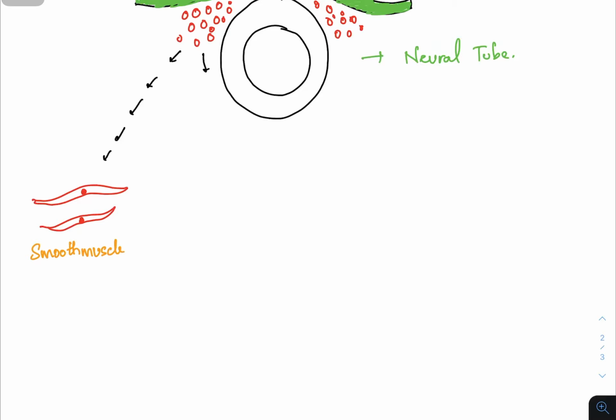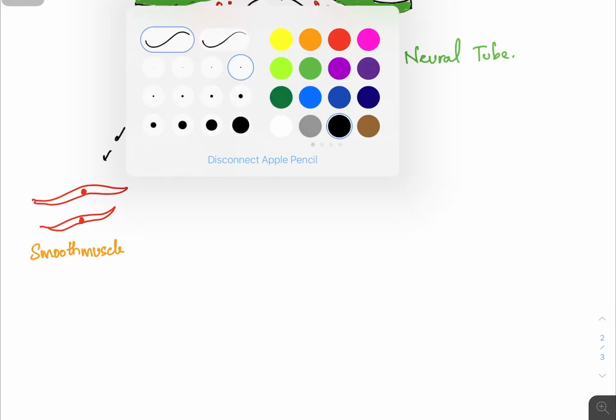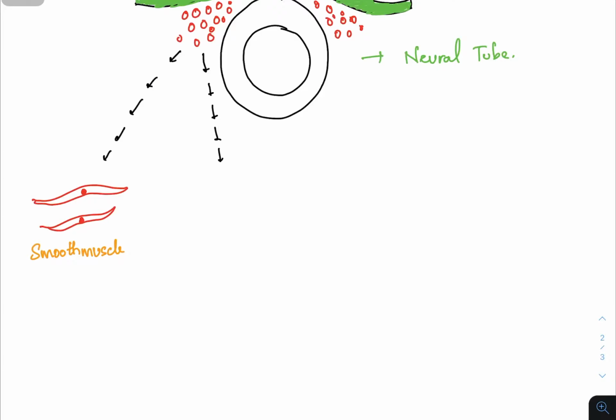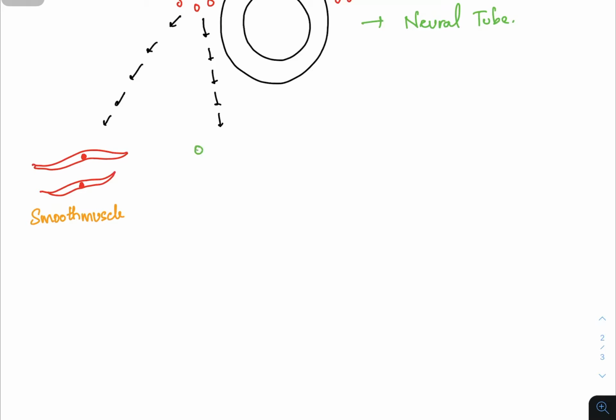Not only smooth muscle, even neural crest cells migrate to distant places in our body, and finally they form some special structures called osteoblasts and chondroblasts.